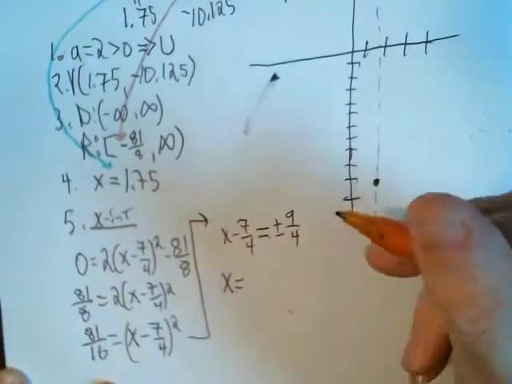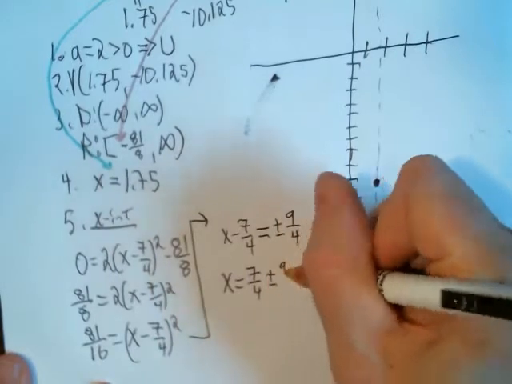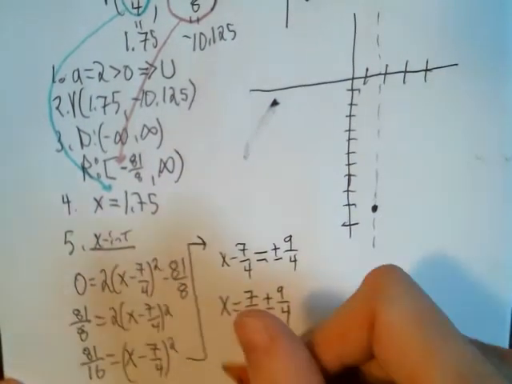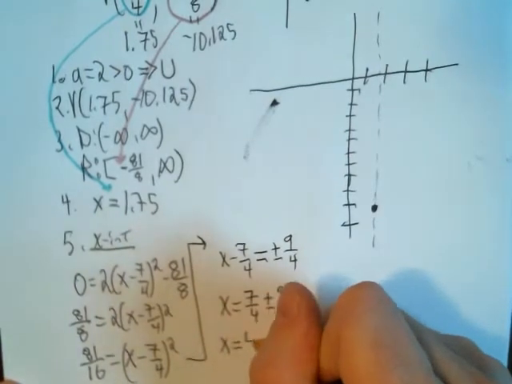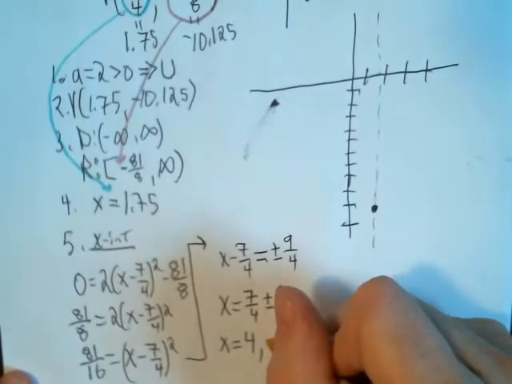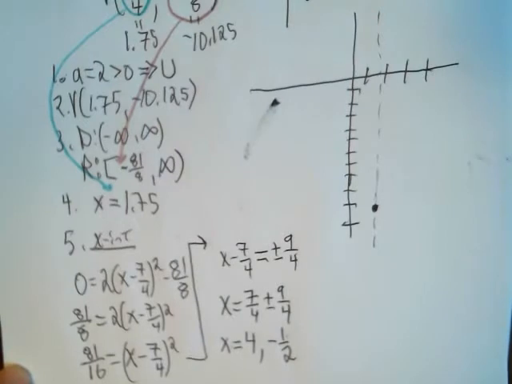So x will equal 7/4 plus or minus 9/4. And then we can simplify that. So 7 plus 9 will give you 16/4, which will be 4. 7 minus 9 will give you negative 2/4, in other words, negative 1/2.